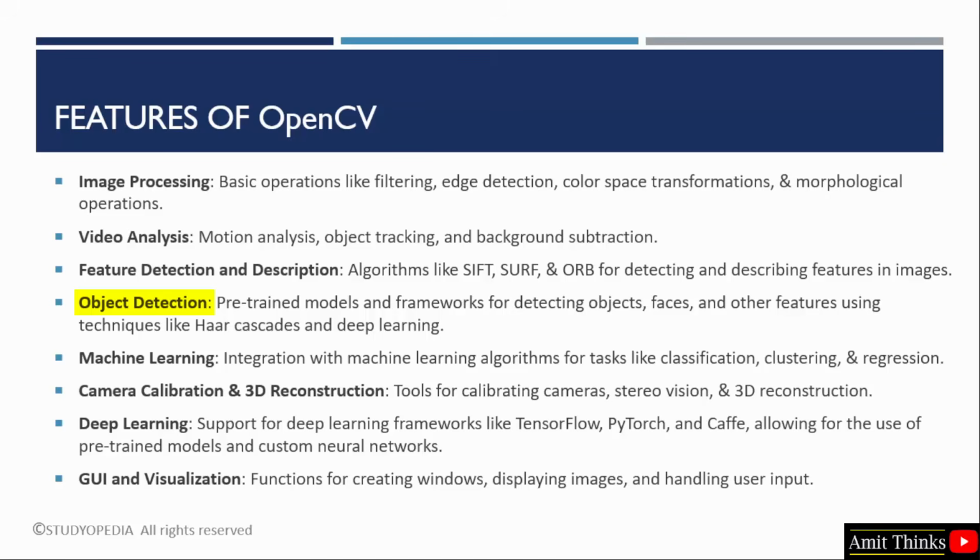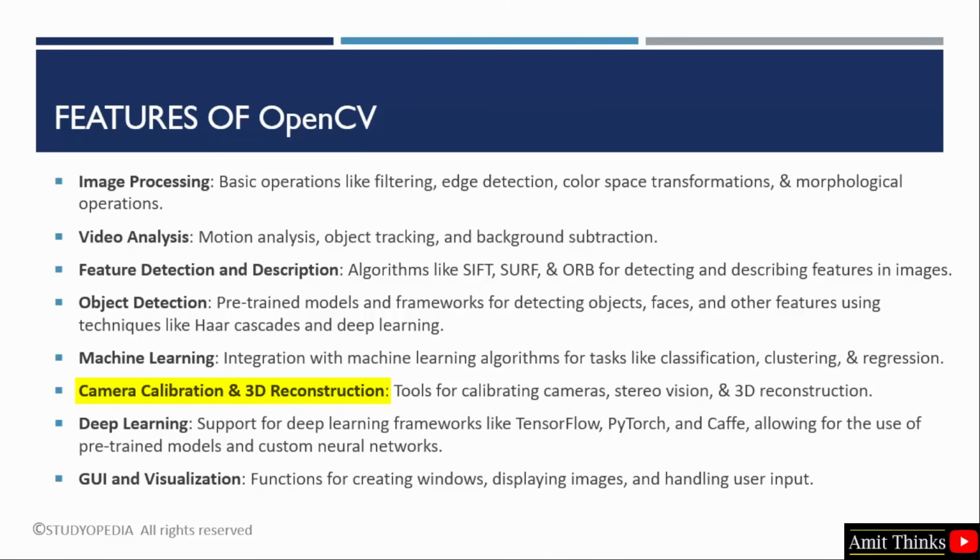Next is object detection. Leverage pre-trained models and frameworks to detect faces, objects, and other visual elements using modern deep learning approaches. Machine learning. Apply classification, clustering, and regression tasks by combining OpenCV with machine learning algorithms for intelligent image and video analysis. Next, camera calibration and 3D reconstruction.